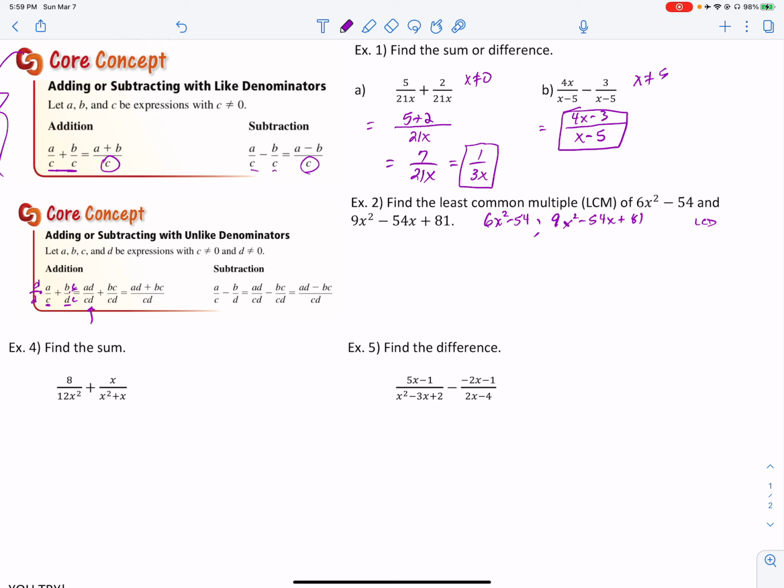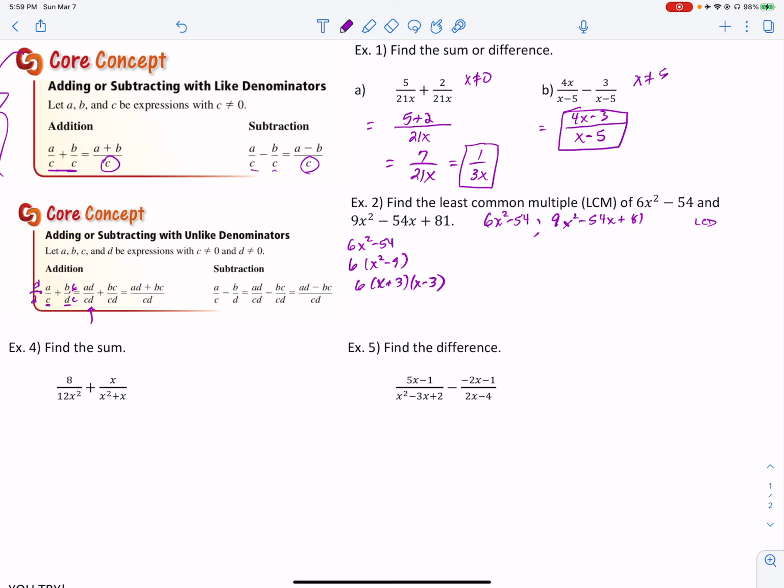And so what you need to do is factor those. So we're going to take 6x squared minus 54, and we're going to take out a 6. And then we need to realize, oh, x squared minus 9 still factors: x plus 3, x minus 3.